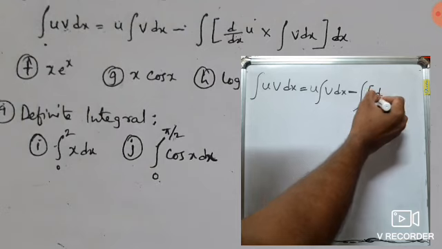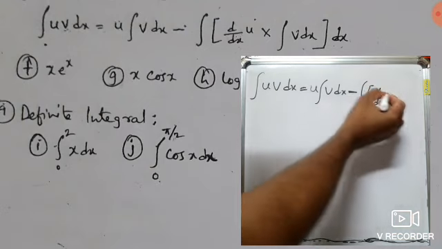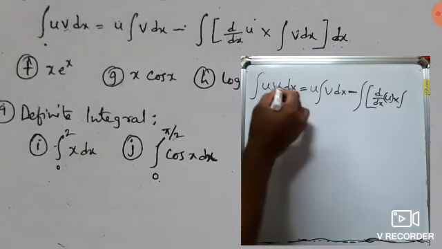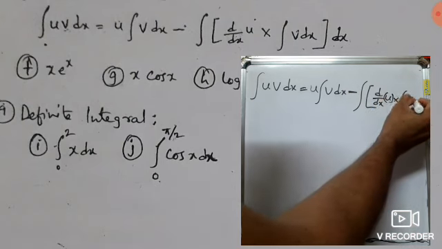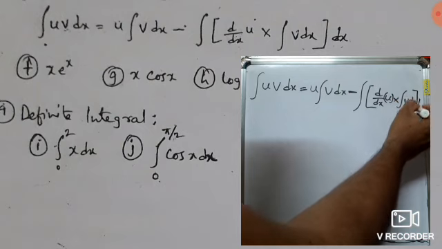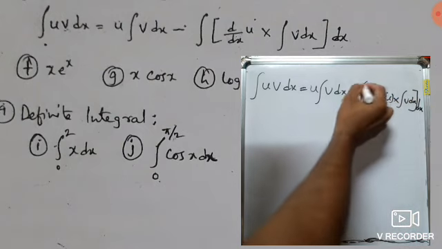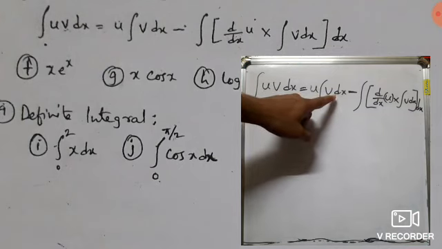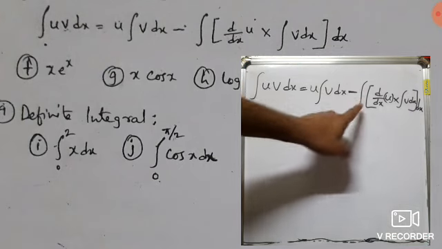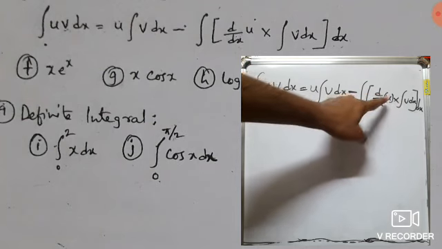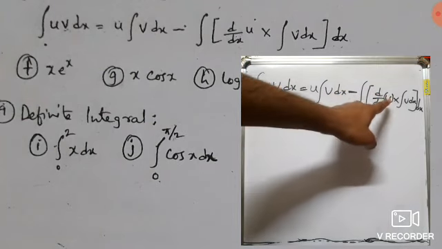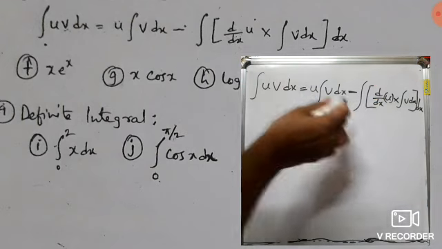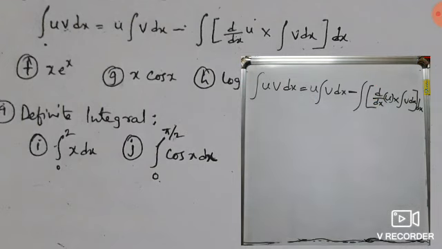Again we have to do differentiation of the first term into integration of the second term, and again integration of this whole term. So first term into integration of the second term minus integration of the whole term. Whole term means differentiation of the first term and integration of the second term. So this is the integration by parts formula.